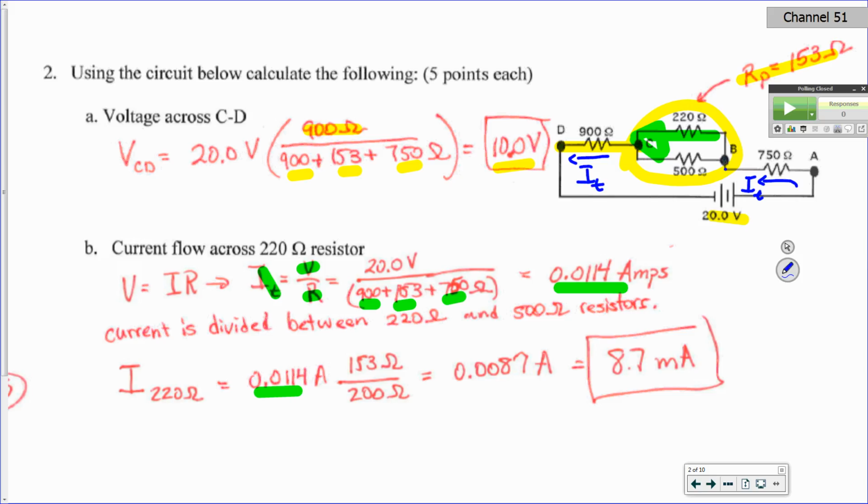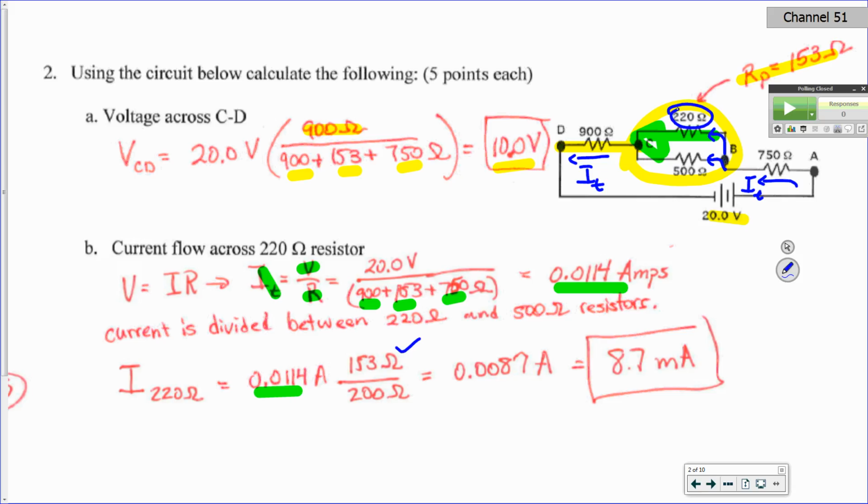But when the current gets to the systems in parallel, it's going to divide across the 2 resistors. And it's going to choose the path of least resistance. So I know the total resistance in this circuit in parallel is 153 ohms.